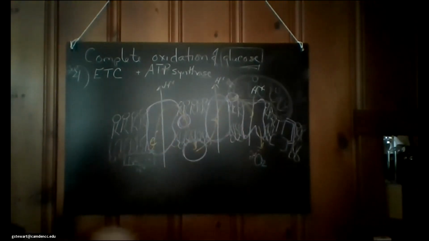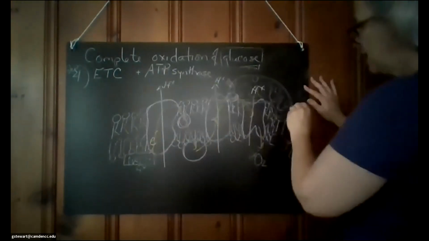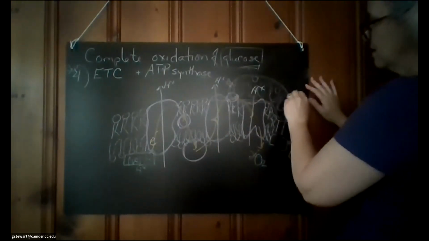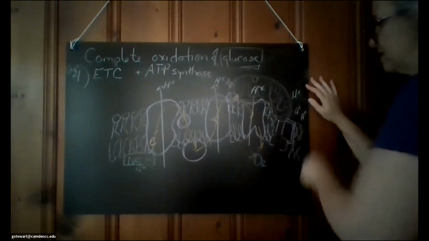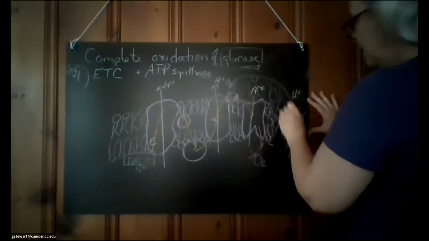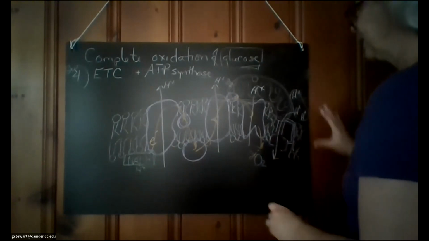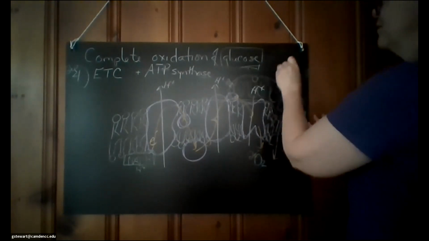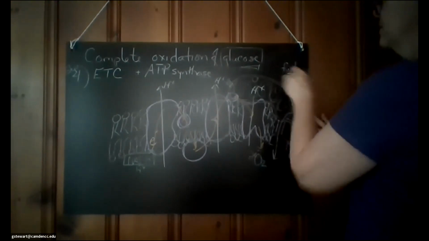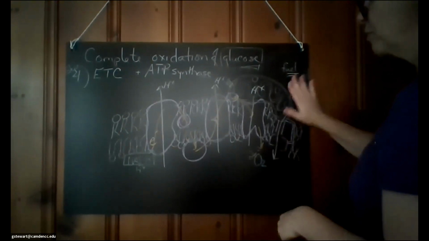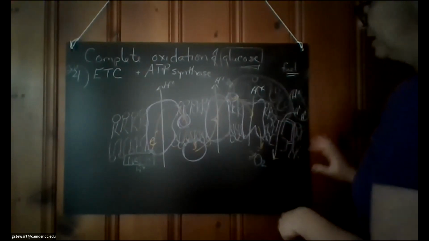Now we have accumulated a lot of protons outside the membrane, on one side of the membrane compared to the other side. These protons are going to travel through ATP synthase, and they provide the fuel to produce the ATP. No protons, no ATP.